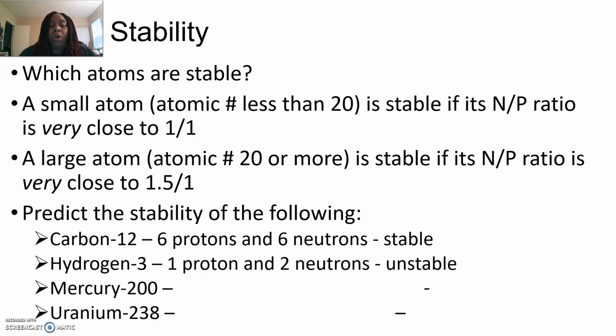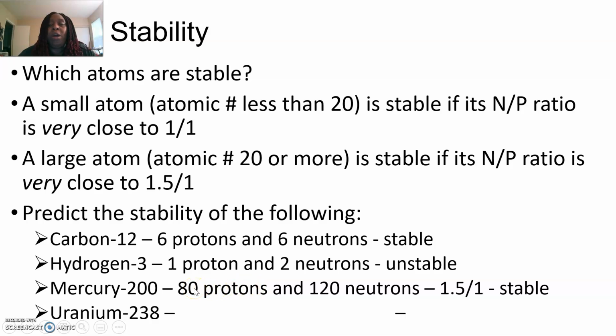Okay, mercury 200, if you were to look at the periodic table, mercury is going to have 80 protons and 120 neutrons, right? Remember, 200 is going to be the mass number. We're subtracting 80 from it and we're getting the 120 neutrons, okay? So if we take the 120 neutrons and divide them by the 80 protons, we end up with a 1.5 to 1.